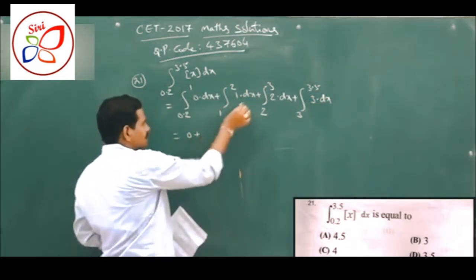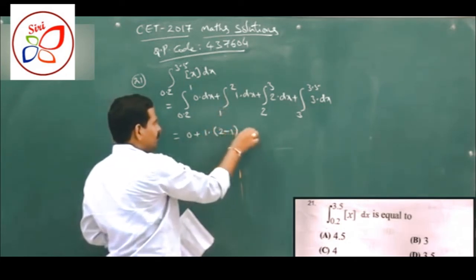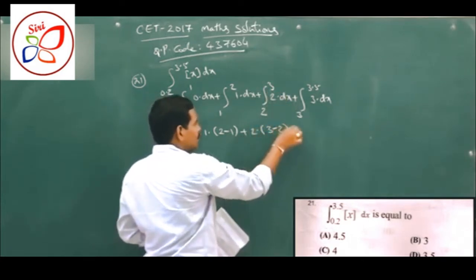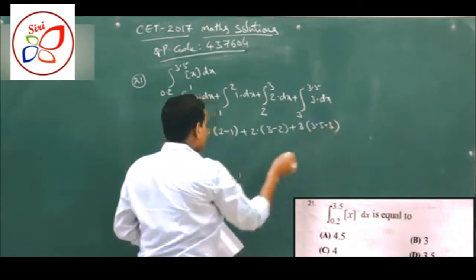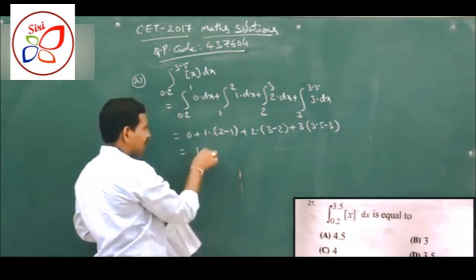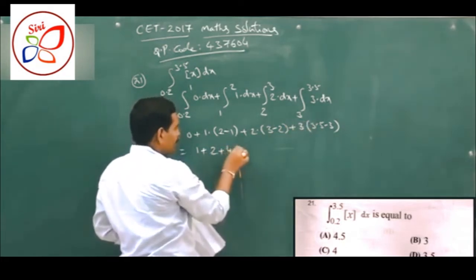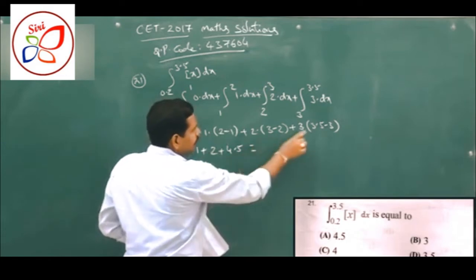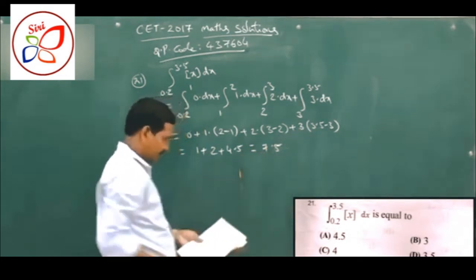Integration of dx is x, between this, 2 minus 1 is 1, and 2 into 3 minus 2, 3 into 3.5 minus 3. So the answer, this is 1, and here this is 2, 3 into 1.5 is 4.5.